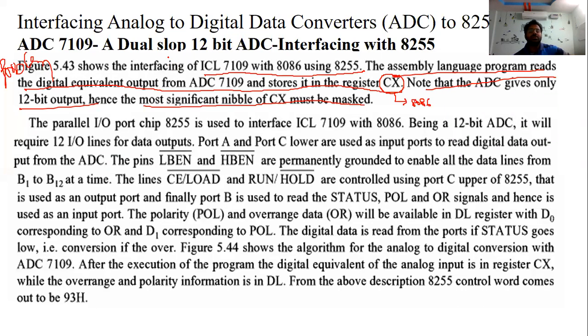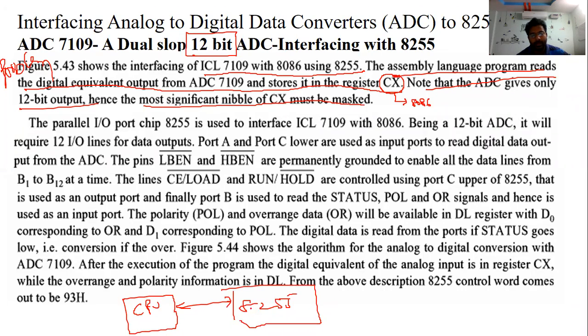For this problem, how can we interface this ADC to the 8255? This is the 12-bit output, but this is the input device. Now see this CPU, this is the structure we are going to interface. With the 8255 you can see the arrows, a single arrow, only one direction.